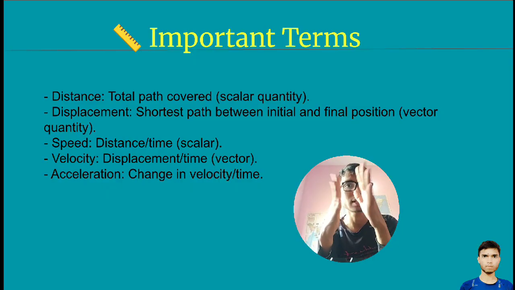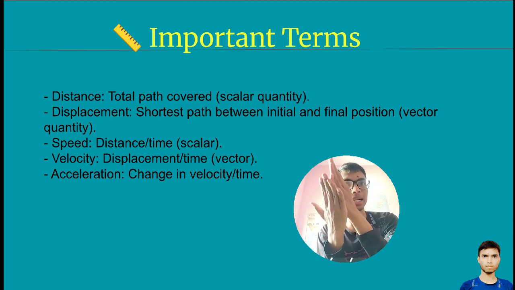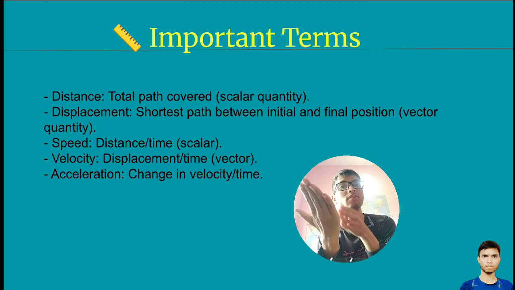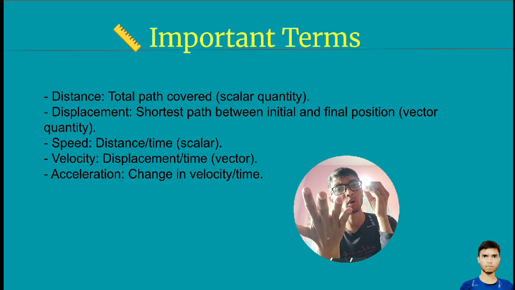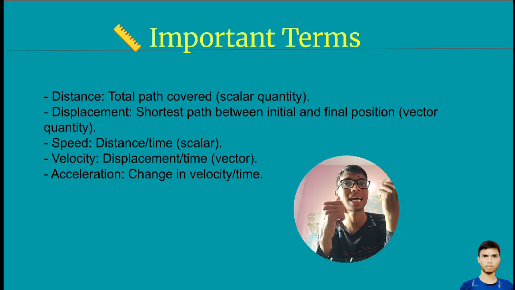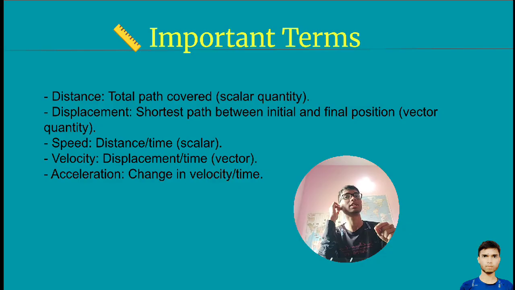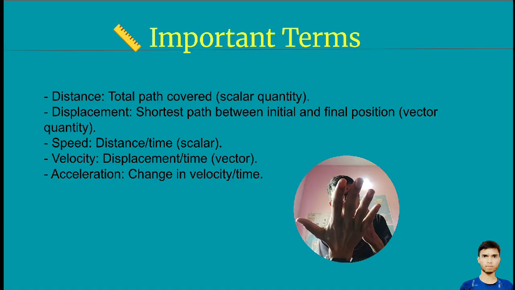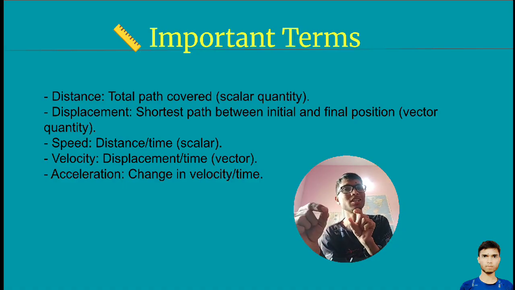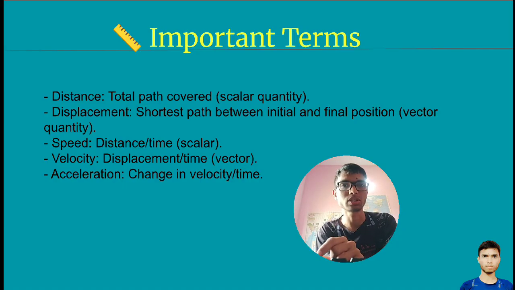If you are calculating a distance in a straight direction, it will be considered as displacement. Displacement is also distance, but it will not take the total length. It will take only the shortest distance in a straight direction. Clear?